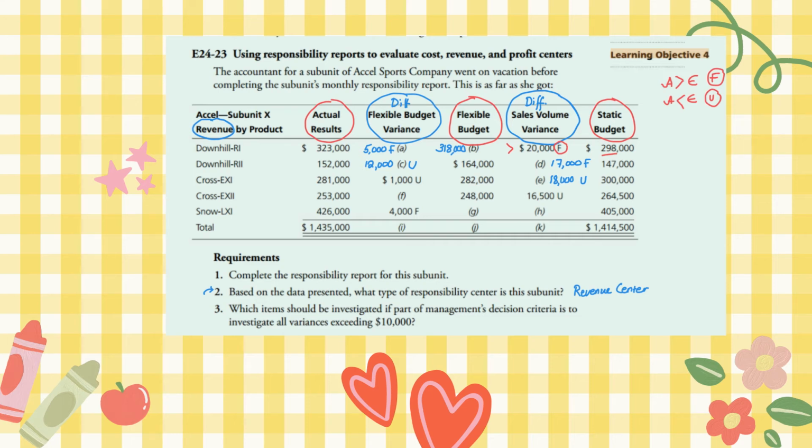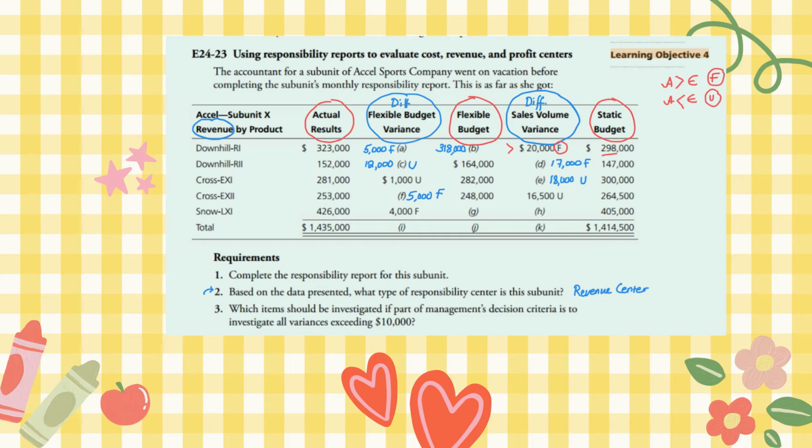Now let's go to the fourth row. I expected to get 248, I got 253. So the difference is 5,000. Is it favorable or unfavorable? I expected 248, I got more, I got 253. So it's going to be favorable.